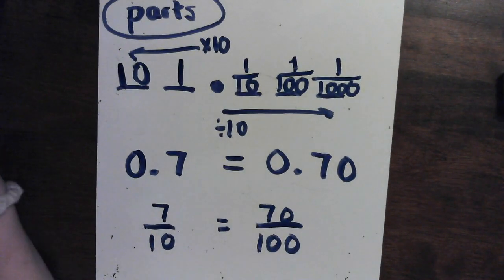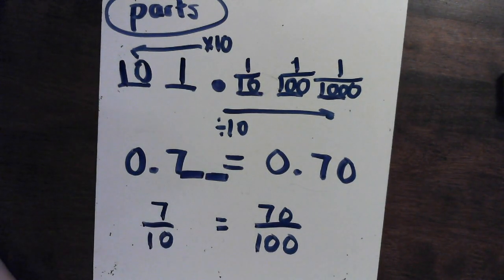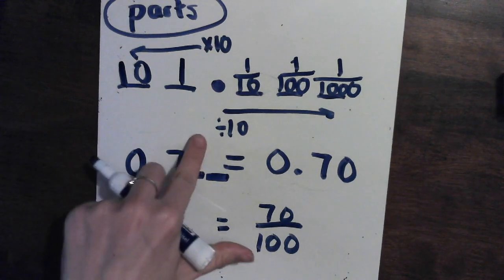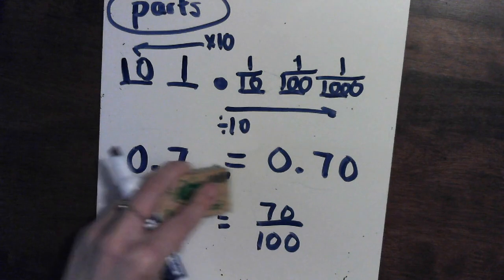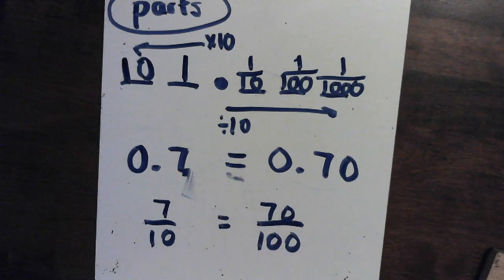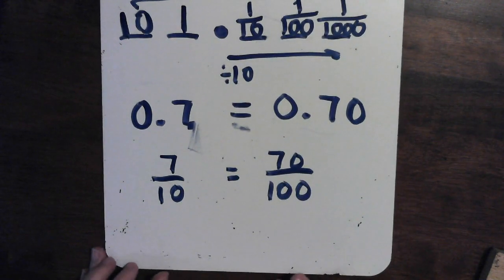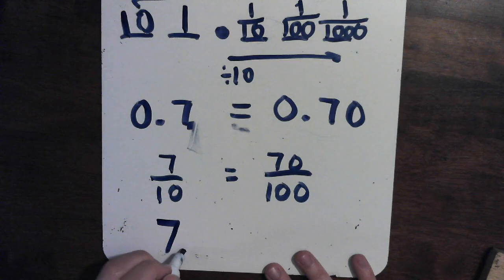In order to create equivalent decimals, we can add zeros to the right of our digits. So 0.7 or 7/10 is equivalent to 0.70 or 70 hundredths. And the reason is because 7 divided by 10, okay, here's our whole number.